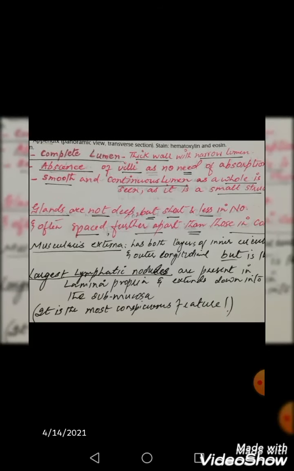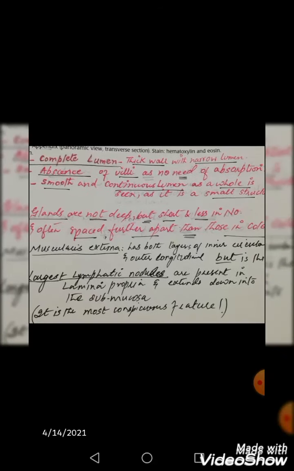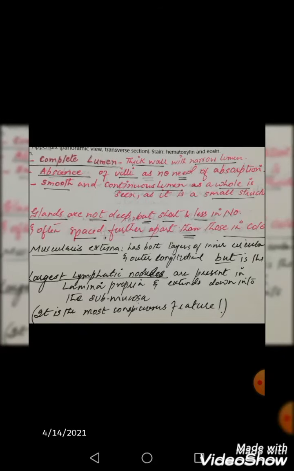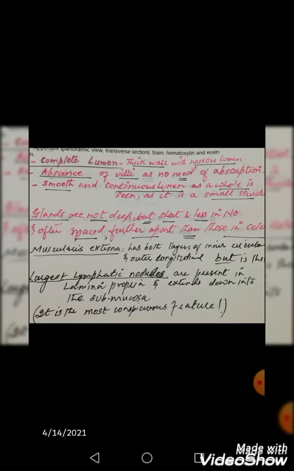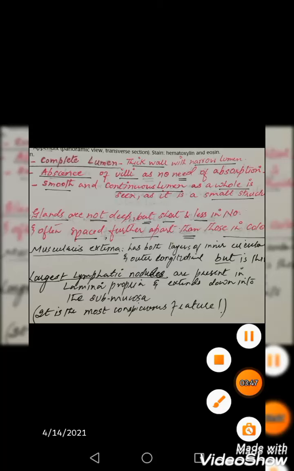Muscularis externa definitely consists of inner circular and outer longitudinal layers, but as a whole is a thin layer. And the hallmark of the appendix is its larger lymphatic nodules, which originate or predominantly lie in the lamina propria and definitely extend into the submucosa. So that was all about the vermiform appendix.